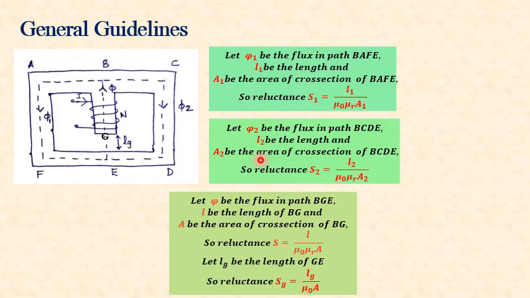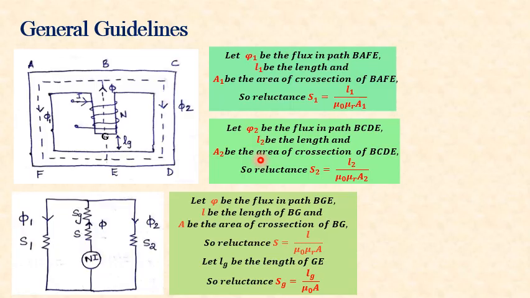Now, the electrical equivalent of the above circuit can be drawn like this. Here we can see that the source is placed in the central limb. The source is Ni. Then in the central limb, the flux is phi, but this flux is traveling through two materials.